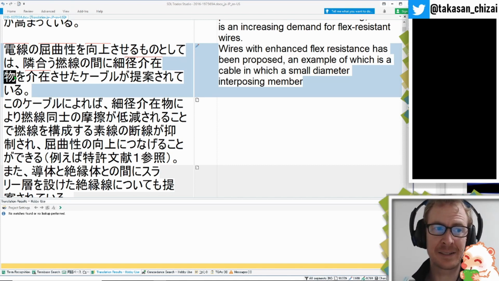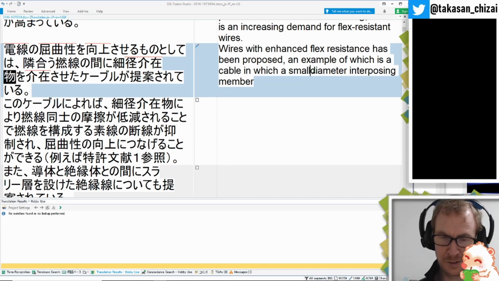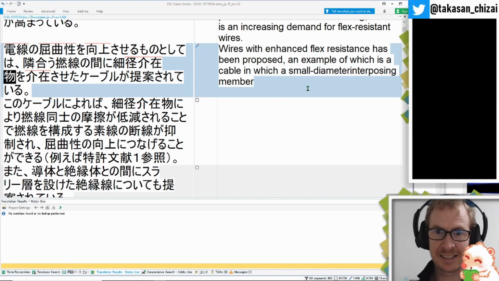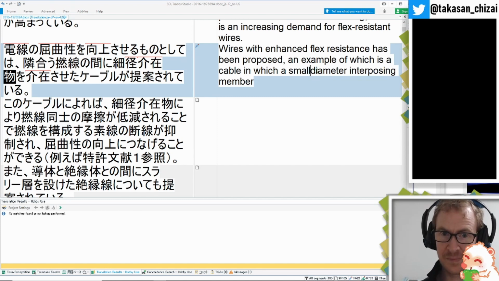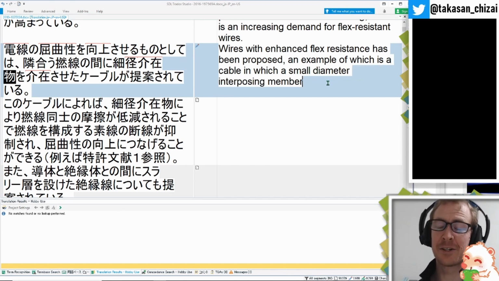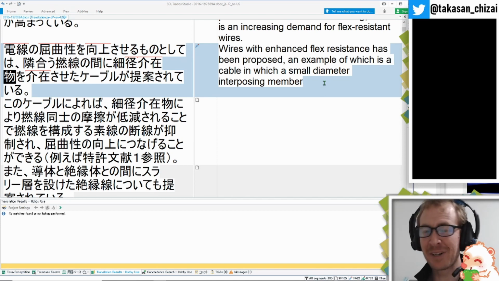Member can just be anything, so it's a good translation of this. We could hyphenate them, but there's no need to in this case because there's no way that this could be misunderstood. So no need to hyphenate this word.